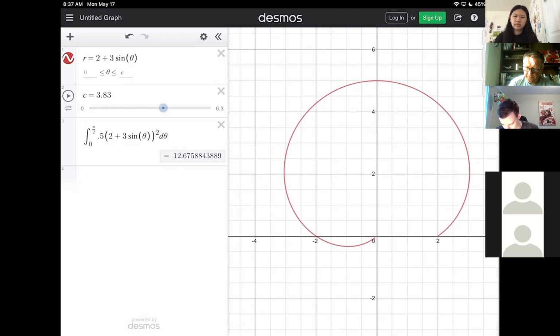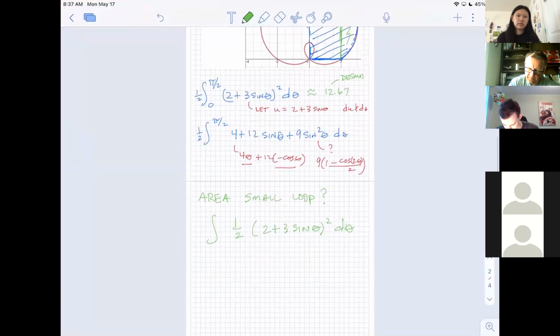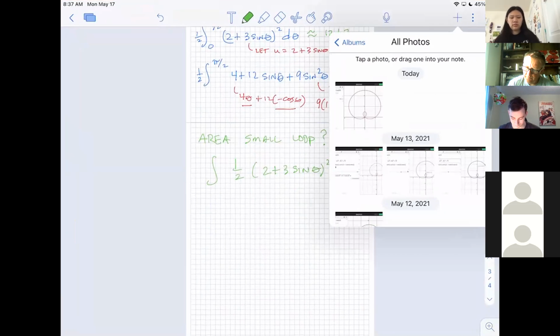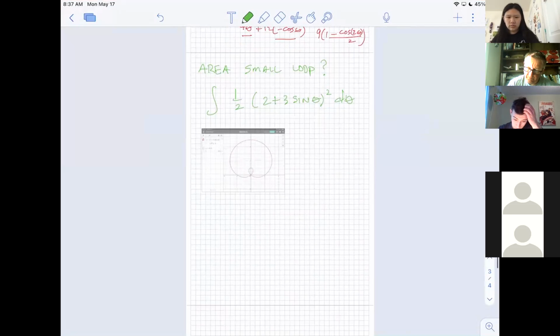So how could the radius be 0? Do you have an idea?